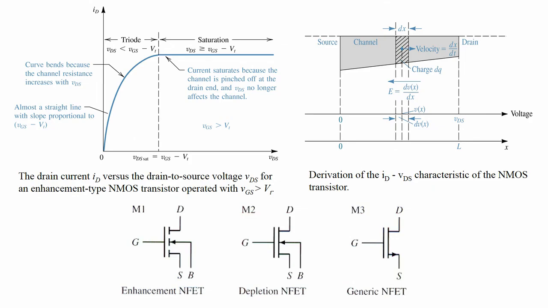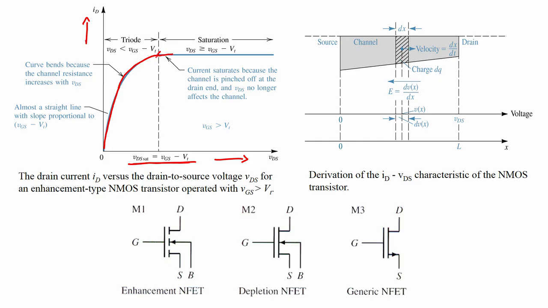If I see the characteristics, it is just to help you out once again. You see, VDS saturation is VGS minus VT. Let us understand this plot. You can see ID is almost a straight line, and then the curve bends as the channel resistance increases with VDS.